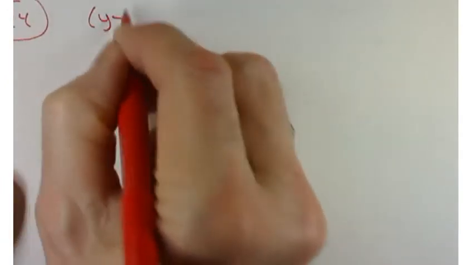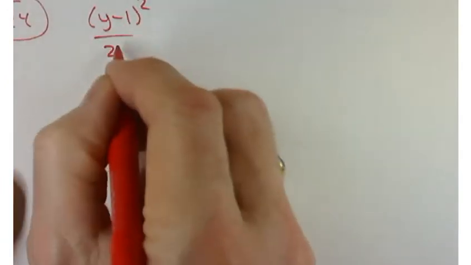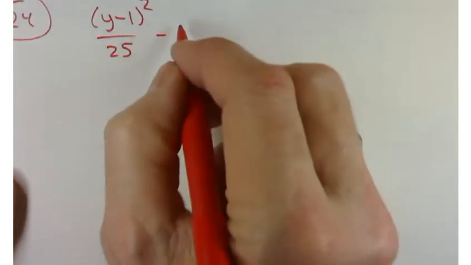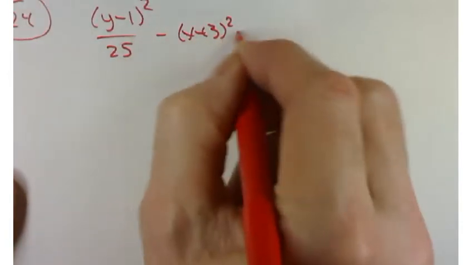Let's try problem 24. Y minus 1 squared over 25 minus x plus 3 squared equals 1.